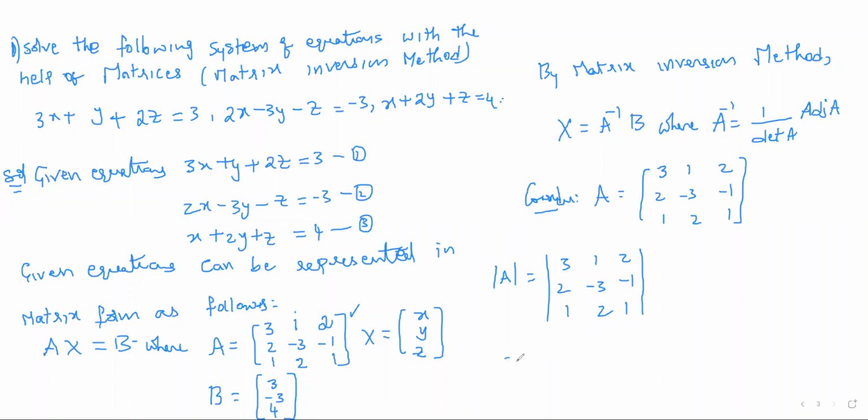That is nothing but 3 into, deleting the corresponding row and column, we get minus 3 minus of minus 2, plus 2. Next minus 1 into, because middle term ki symbol change chestam kada determinant lo maatrame. Whenever we are finding the cofactors, we need not change the sign for the middle term.